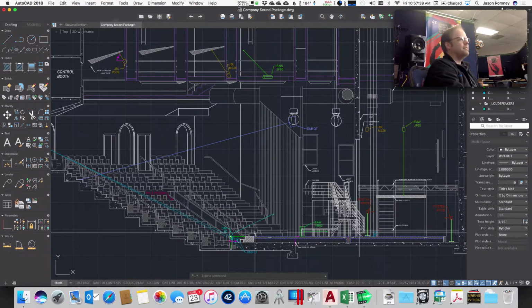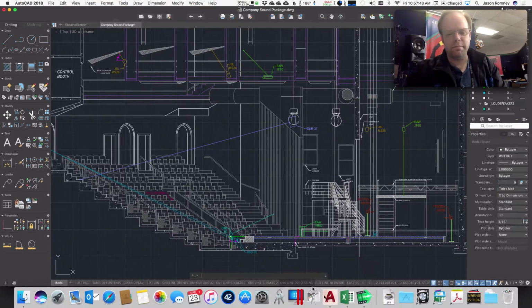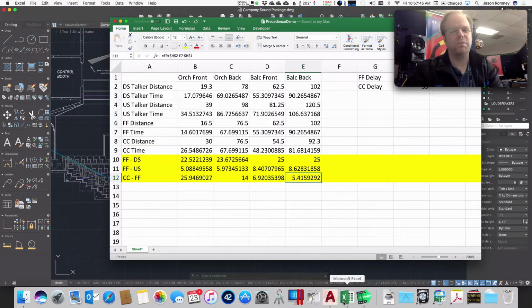But it's a lot to keep track of. That's why I use Excel to do some of the math for me, just to keep track of all of that stuff. But the good news for you is you don't have a balcony, so this will be easier. All you have to do is make it work for the front row and the back row. So that's better. And you should be good.